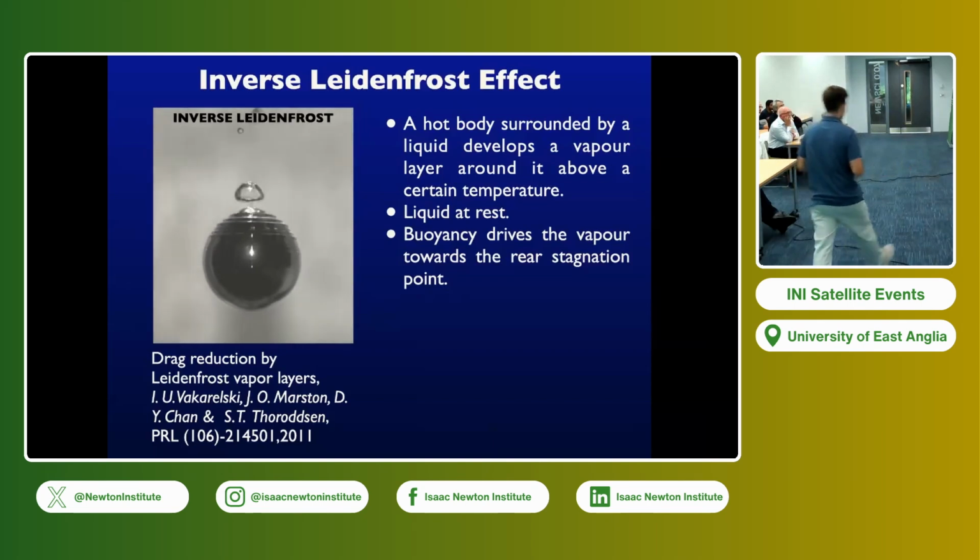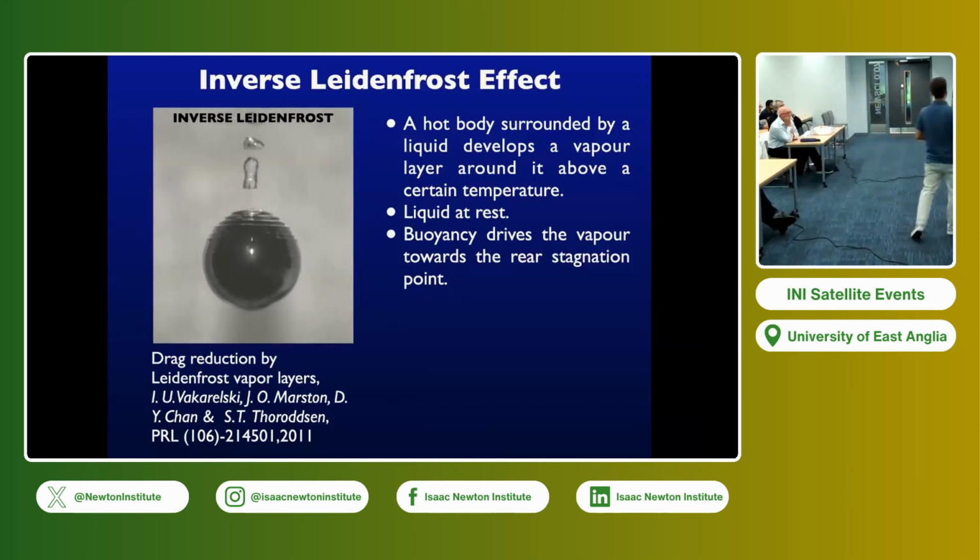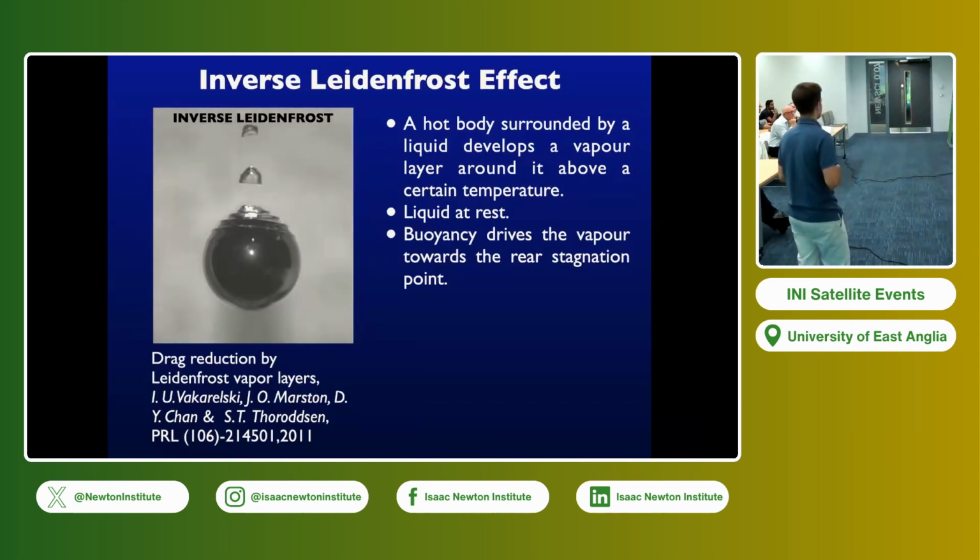And at some point, we observe that a stable layer of vapor develops around the surface, as we can see here. Because of buoyancy forces, the vapor is transported towards the rear stagnation point.